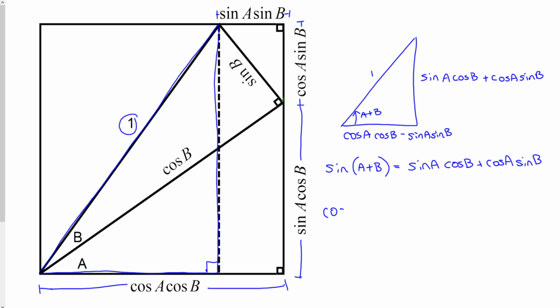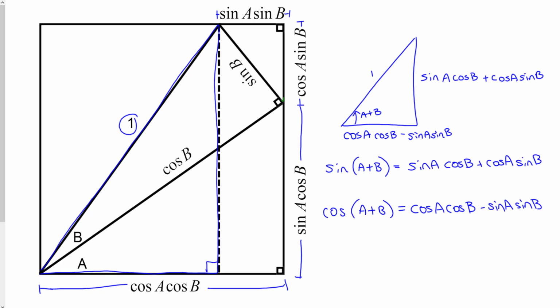The cosine of A plus B is the adjacent side over the hypotenuse. So cosine A cosine B minus sine A sine B. And you could even define the tangent here.